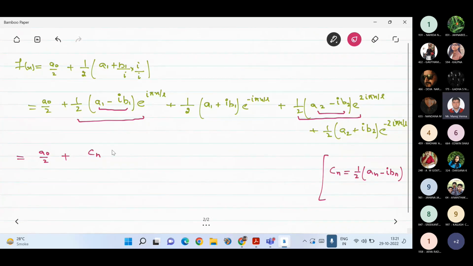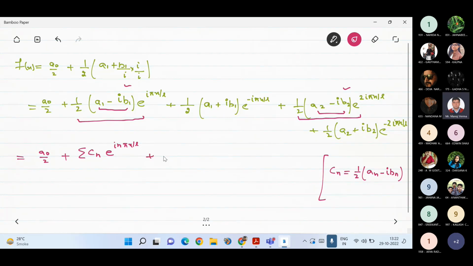So it will be Cn e raised to the power iota n pi x by L, right? And summation. So all these terms which have the positive power of this exponential function will be combined in this term.